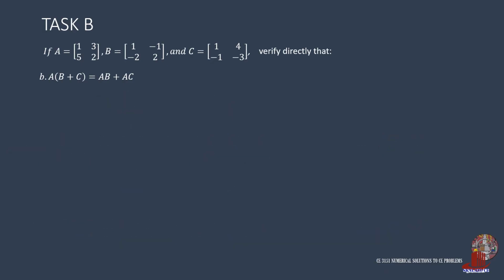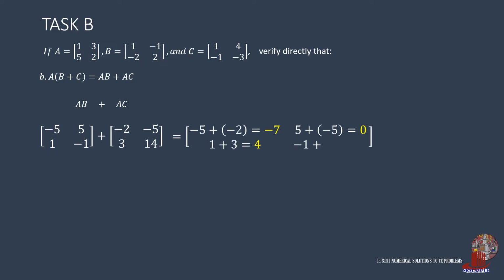The next step is to add both matrices AB and AC. And again, elements with the same indices are added. That is elements 1, 1 together, or negative 5 plus negative 2, that is negative 7. Elements 1, 2 are 5 and negative 5 added together as 0.